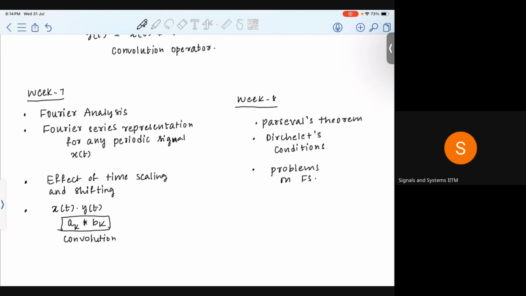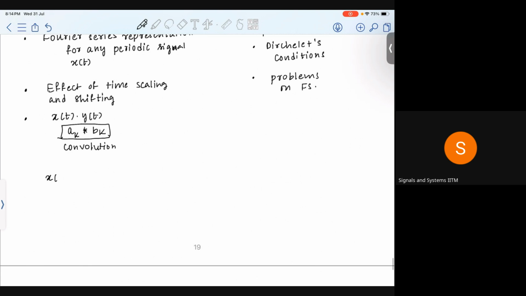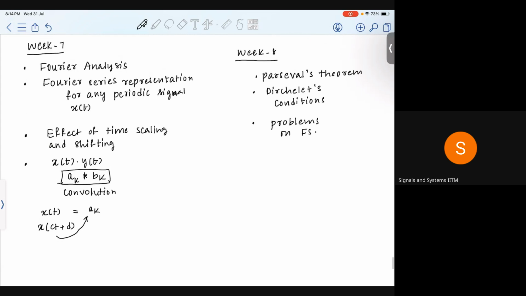And then in week 7 we shifted gears and saw what Fourier analysis is, what a Fourier series representation is, and how periodic signals are represented in Fourier series. We have seen several examples on that, and also how time scaling and shifting work. Suppose x of t has Fourier coefficients a_k, then how does time shifting, x of t plus t0, affect the Fourier coefficients? We have seen all these things, right?